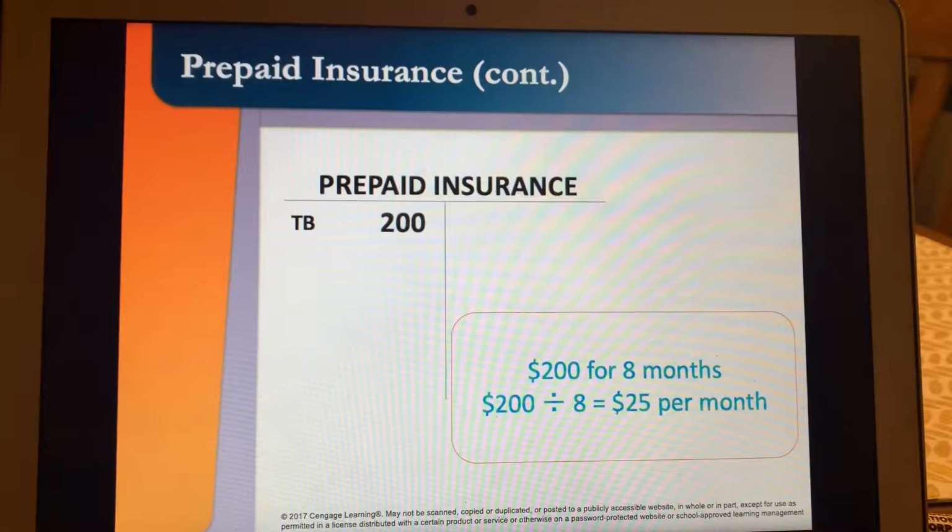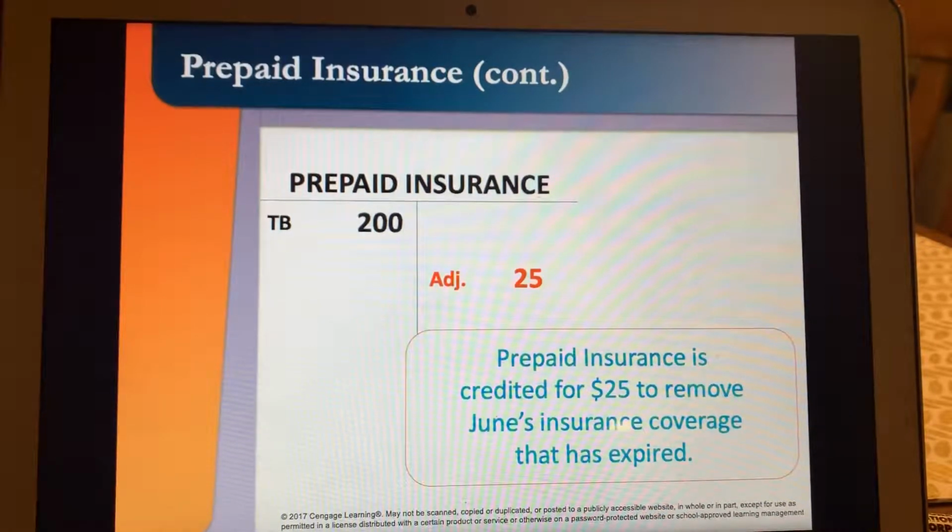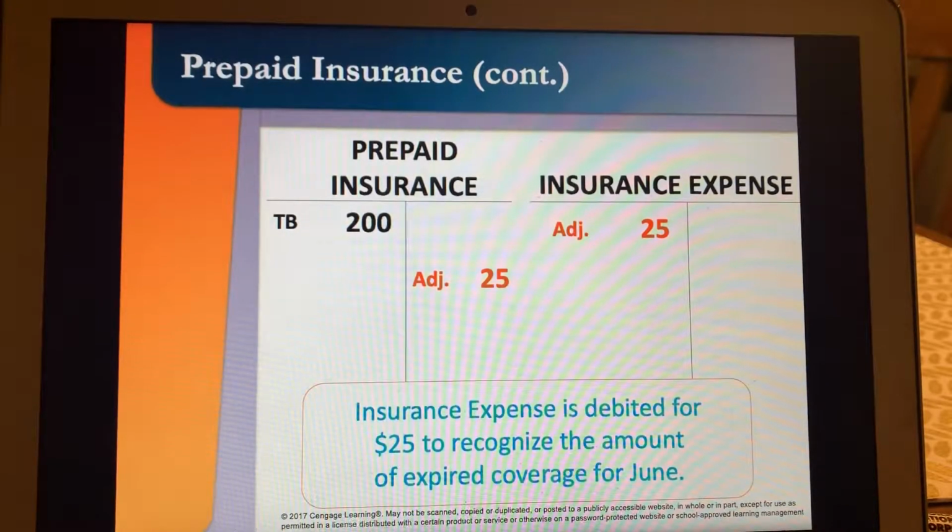That's the adjusting entry we have to make, $25, because we have to expense it out. The insurance for that month has gone and is expensed out. So insurance expense is debited and prepaid insurance is credited.